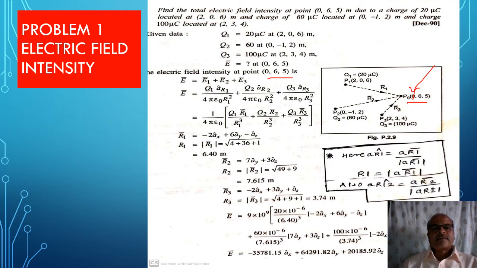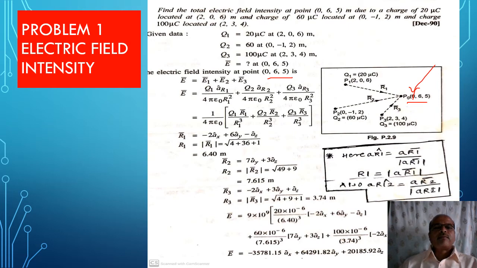We have the expression for electric field intensity: Q1 upon 4 pi epsilon 0 AR1 cap R1 square plus Q2 AR2 cap upon 4 pi epsilon 0 R2 square plus Q3 upon 4 pi epsilon 0 AR3 cap R3 square.